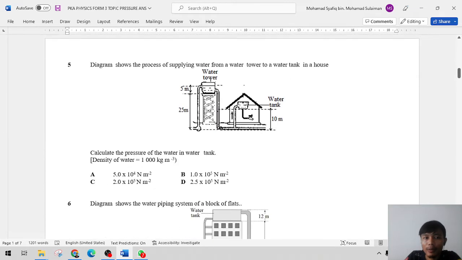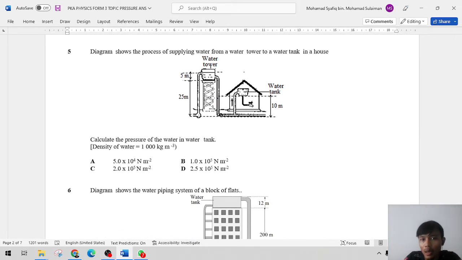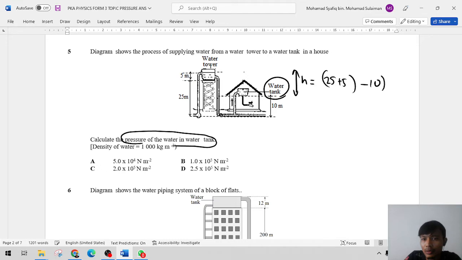Alright, number 5. We have water tower. This is the reason why we put water tower at higher place, so that we got higher water pressure. Okay, so we want to find the pressure of the water in the tank. So the depth here, h, is equal to 25 plus 5. So that is 30 minus 10. So is equal to 20 meter.